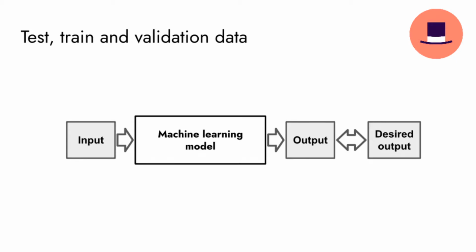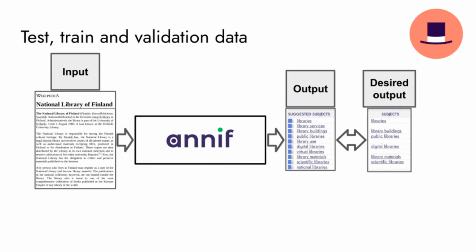In the case of Annif, the input is text and the output are subjects of the text. The fit to the training data can become very close, and so if model evaluation is run using the same data, very good metric values can be obtained.